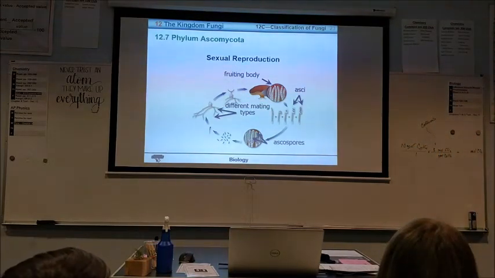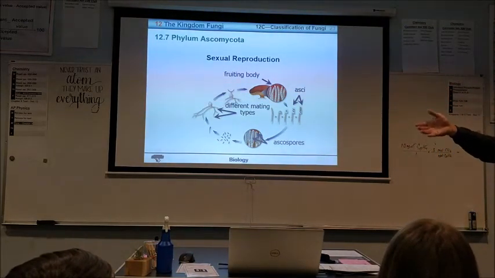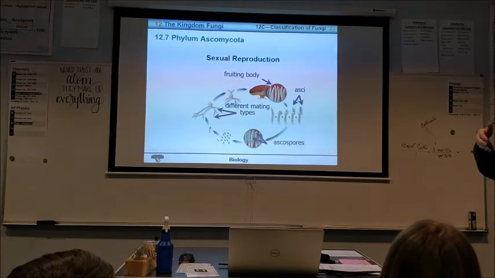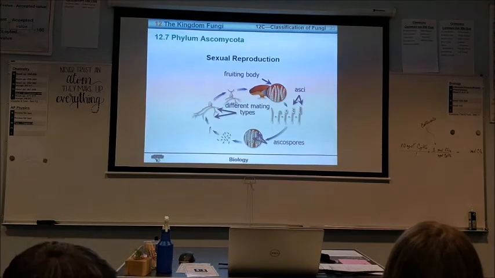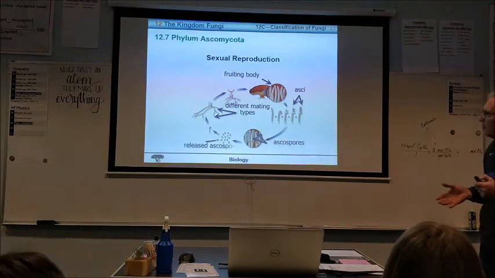Okay, but they're all doing the same thing. It's just that we give them different names because they're different species of fungus. They all do the same thing, but it looks a little different how they go about it. But they're accomplishing the same thing.